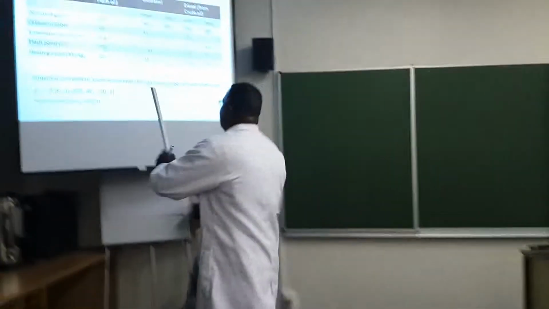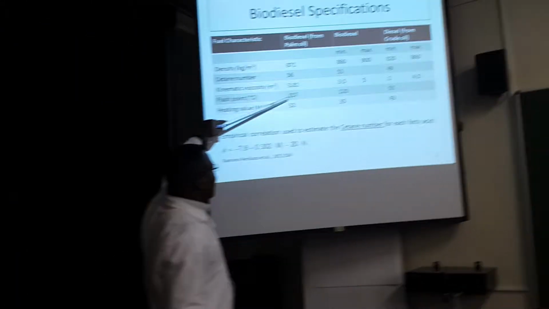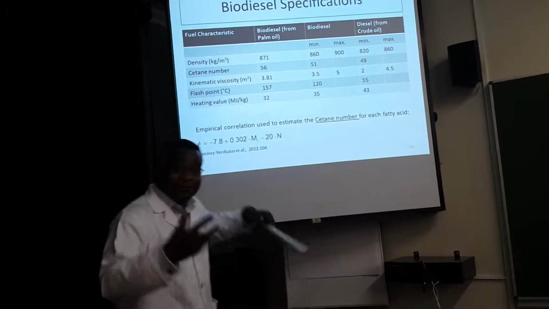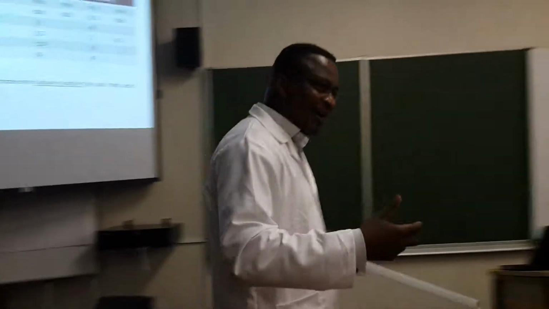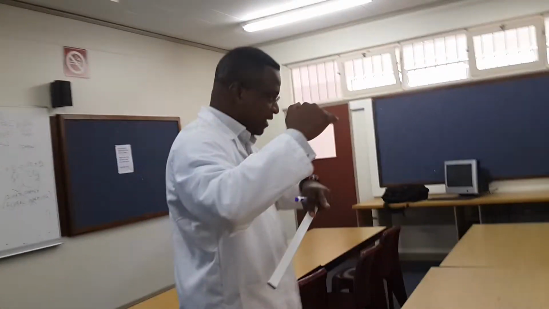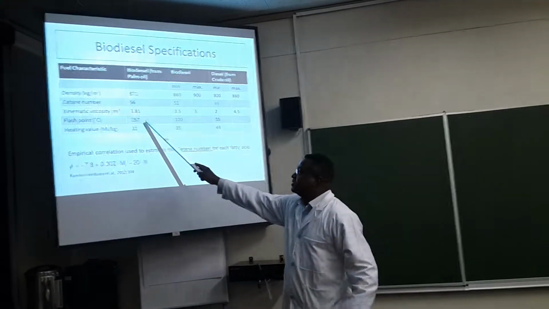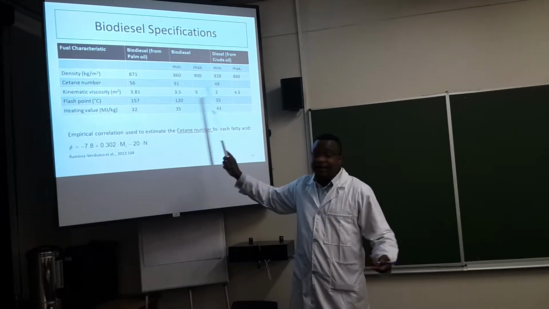However, you have to play between these parameters: cetane number, flash point, and heating value. Because someone else may say, okay, it can burn easily. So you have to play between those parameters. But based on safety, this one is safer than the current one.